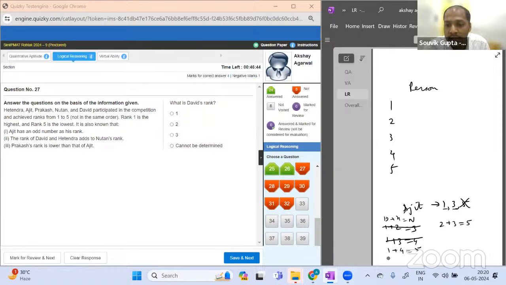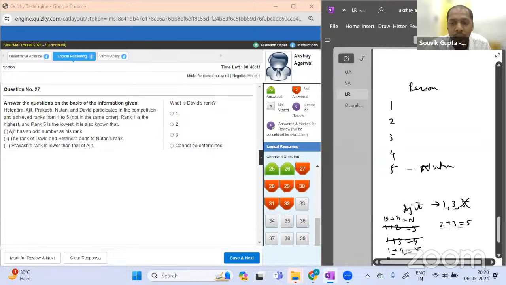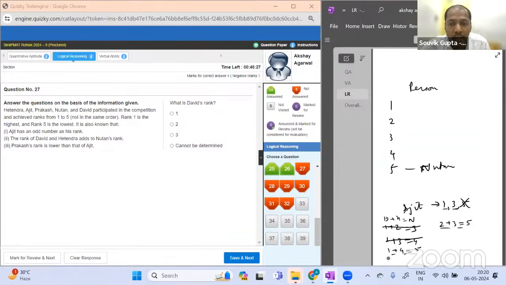So Nutan's rank is definitely 5. Prakash's rank is lower than Ajit's, and Nutan is 5. So 1 plus 4 or 2 plus 3. Let's make cases. 1 plus 4 is Hitendra and David, so H D, D H, and here it is Nutan.